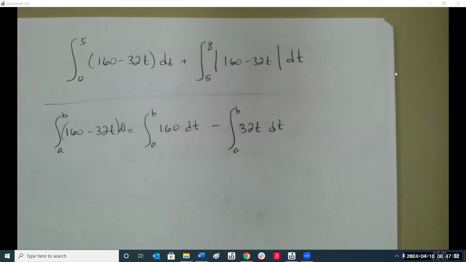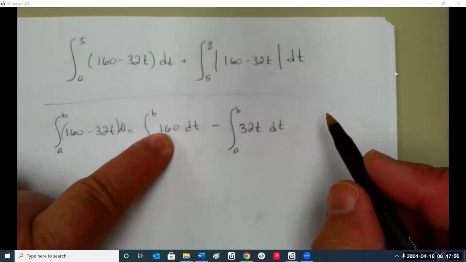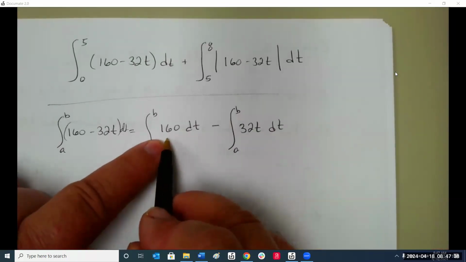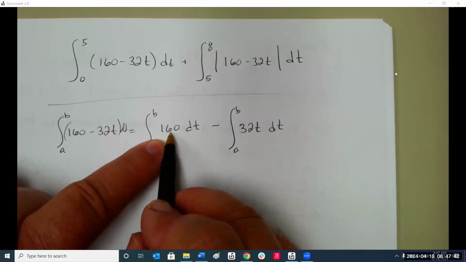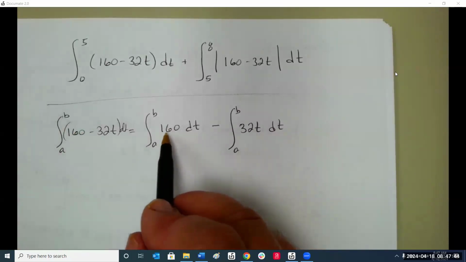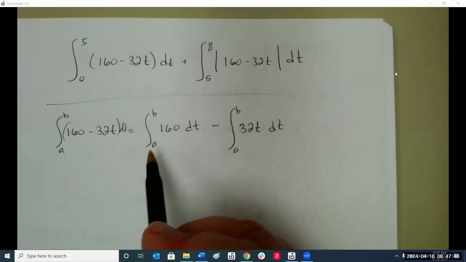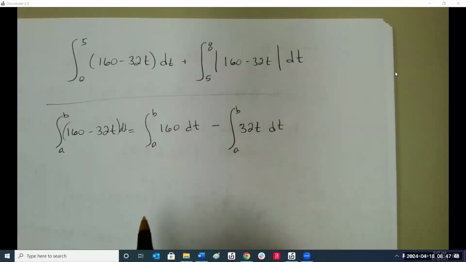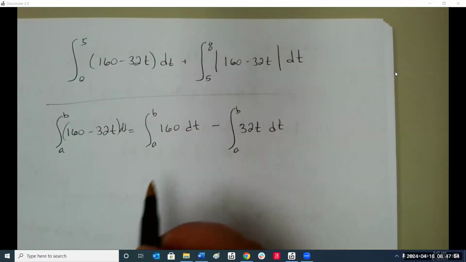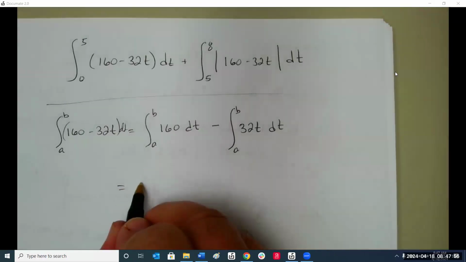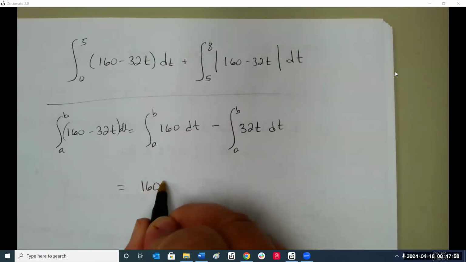So how do you take the integral of something? Remember, this is the derivative. If it was a derivative, what did 160 have to be to, when you take the derivative, you get 160? What's missing? A t. So the integral of 160 is 160t.